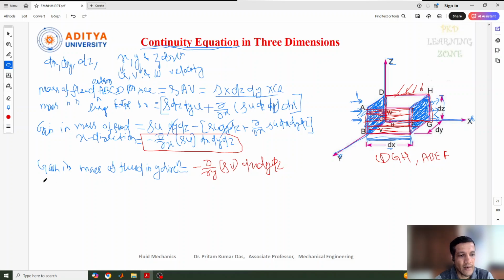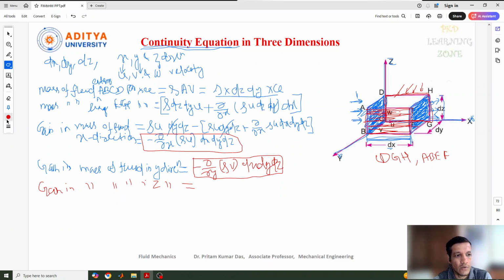Okay, similarly we can write the gain in mass of fluid in z direction. So x direction we got, now this is y direction, and similarly we need to find out the z direction. If you see, this is the z direction.